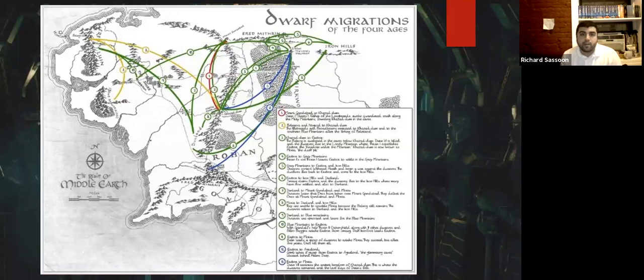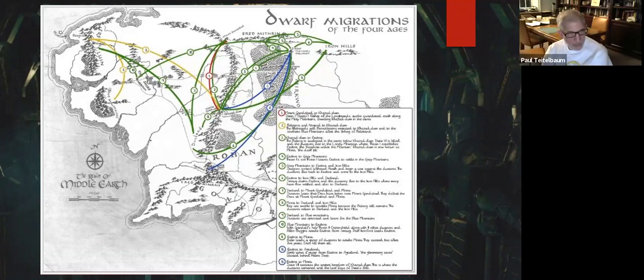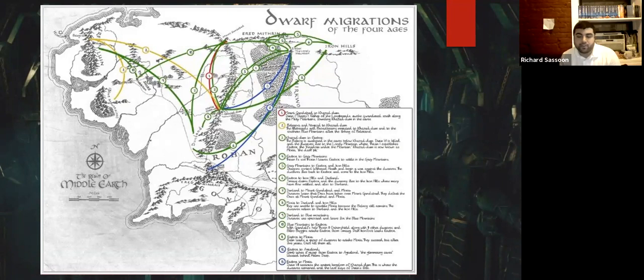If you look at the red line, that number 1, that's the first migration of the Longbeards from Mount Gundabad to Moria. Then you can see the yellow lines of the dwarves of Belegost and Nogrod, the Blue Mountains. A number of their people migrated to Moria after the destruction of Beleriand, right? And their cities in the War of Wrath.